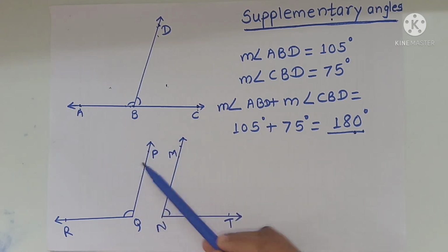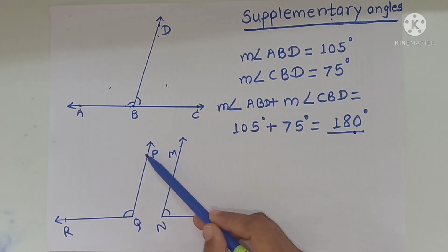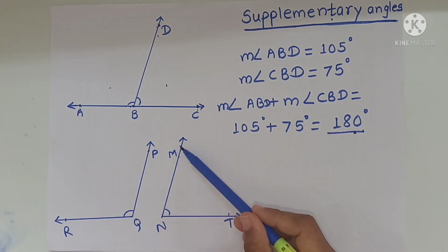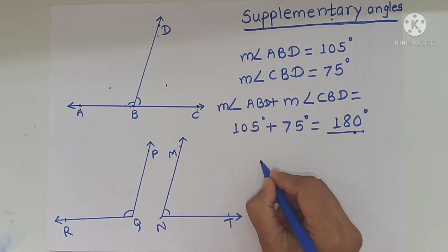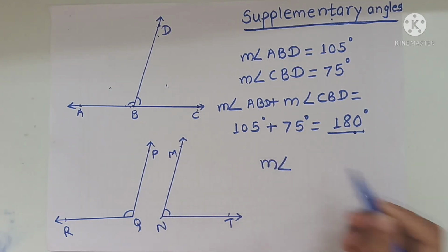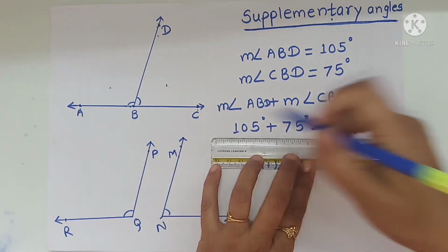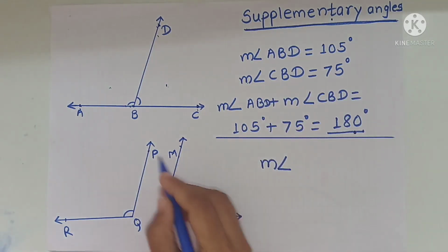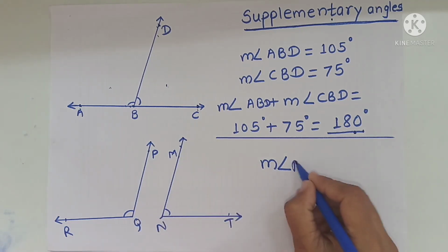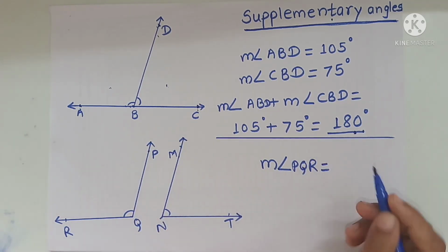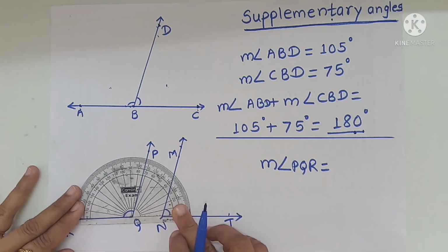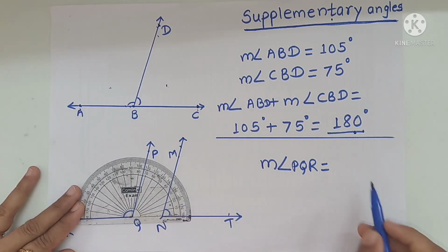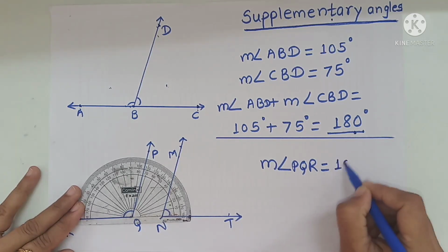Now observe the angles in the figure. I have drawn angle PQR and angle MNT. First of all, I am going to measure angle PQR. That is 106 degree.